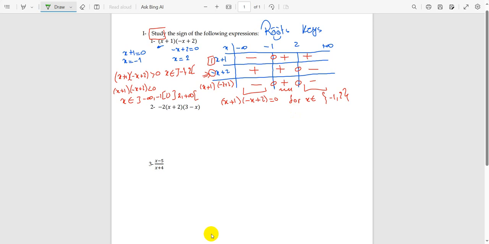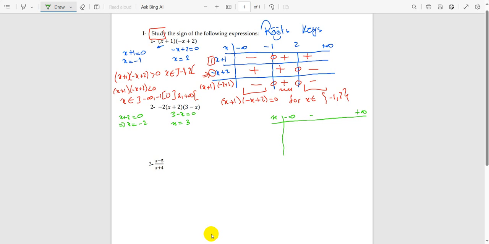In the second expression, the same. First I have to find the roots of x plus 2 and 3 minus x. x plus 2 equals 0 implies x equals -2, and right here we have 3 minus x equals 0 and x equals 3. Then I have to set up the table of signs, starting from the domain of definition.